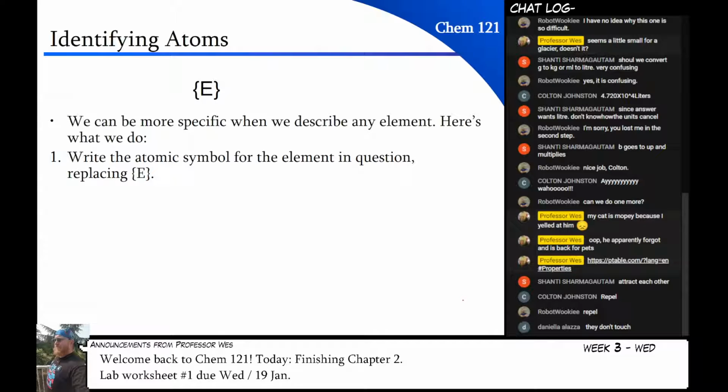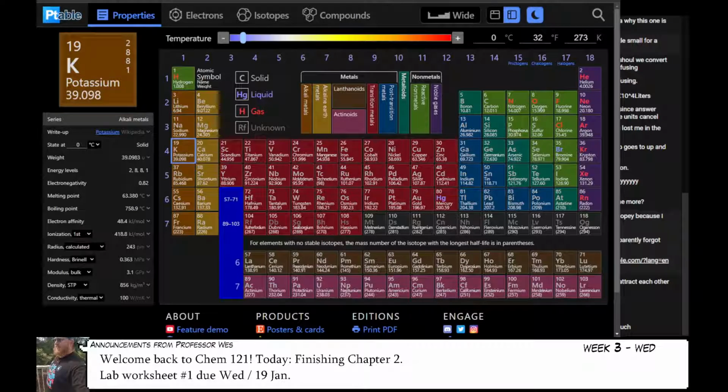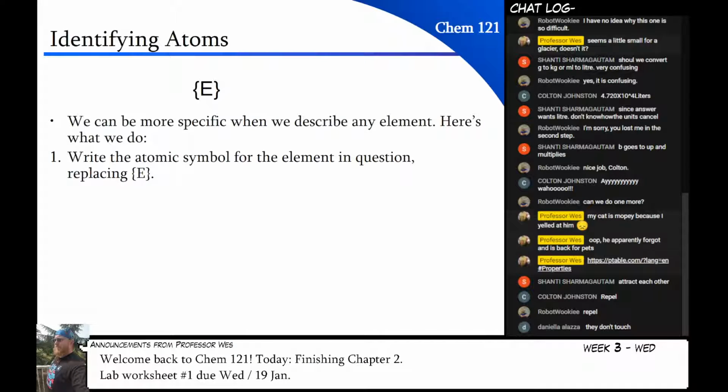So we're not going to have brackets, we're not going to have an E. That whole symbol right there will just be turned into whatever elemental symbol is on the periodic table. Again, here's all of them that we're looking at. So for instance, if I wanted to look at potassium, I would get rid of everything, and I'd write K.